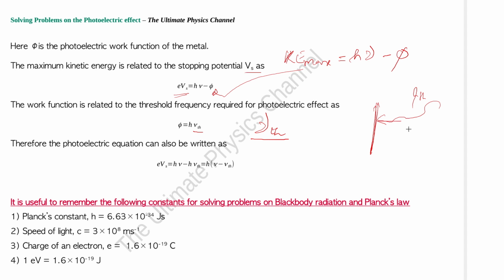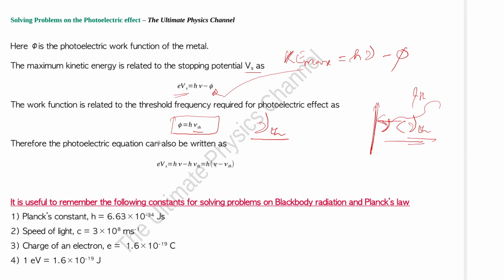If the incident light has a frequency less than nu th, then no photoelectric effect takes place, right? Therefore, the work function is the minimum energy that is required to release an electron from the metal surface.